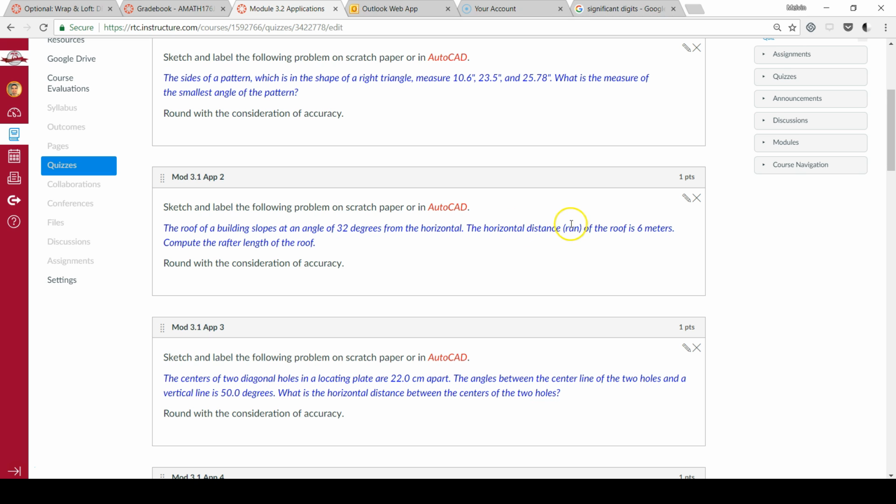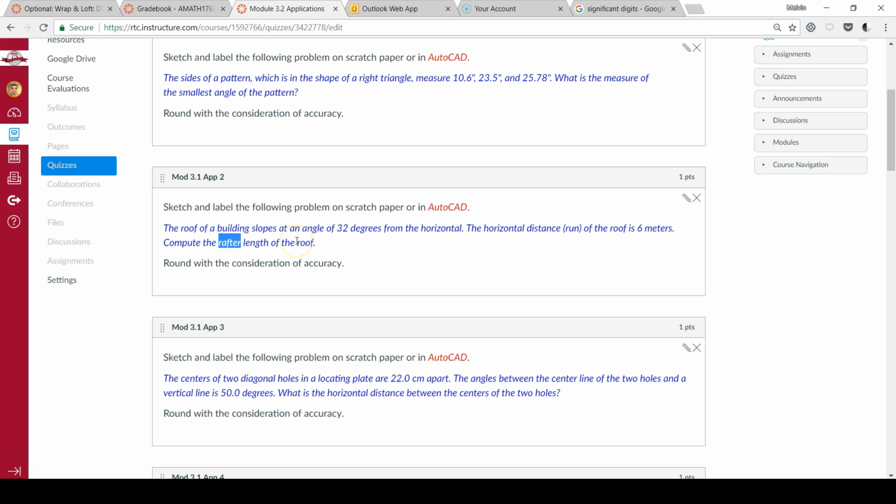The horizontal distance, or the run of the roof, is 6 meters. Because I'm assuming only one slope, this 6 meters is going to be the horizontal side of my triangle. This is the full run of my right triangle that I'm going to use to conceptualize what this roof looks like. Compute the rafter length. Okay, what's the rafter length?